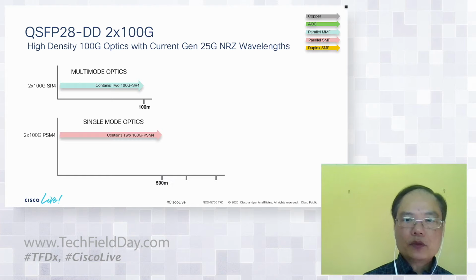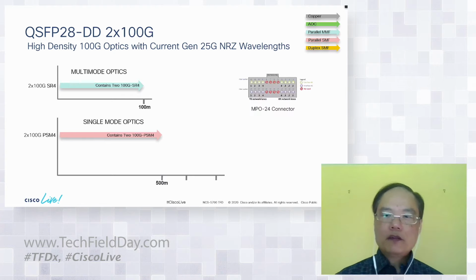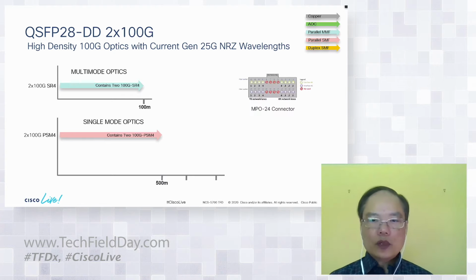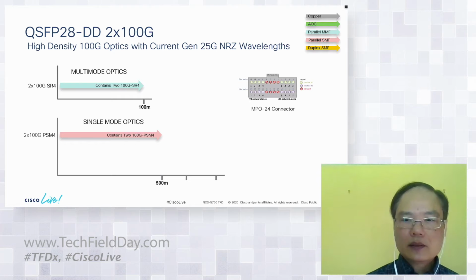For single mode up to 500 meters, we have 2 by 100 gig PSM4, which contains 2 instances of 100 gig PSM4 optics in a single QSFP-DD form factor. These two are parallel optics with 4 pairs of fibers each, so we require a high density connector on the QSFP-DD front plate. And we have chosen the MPO24 for that.